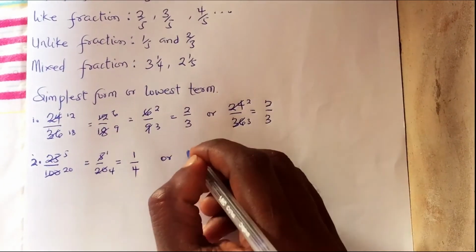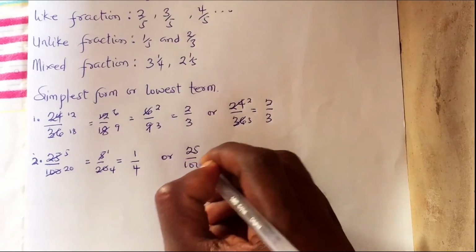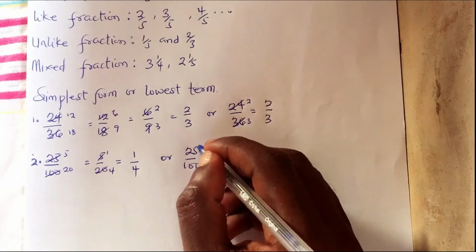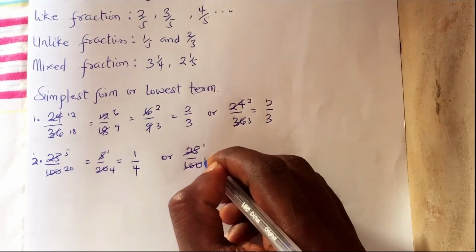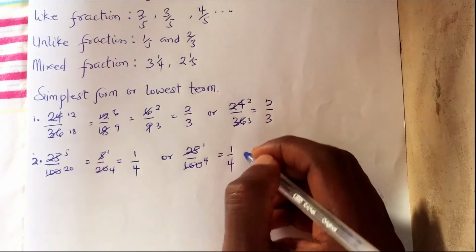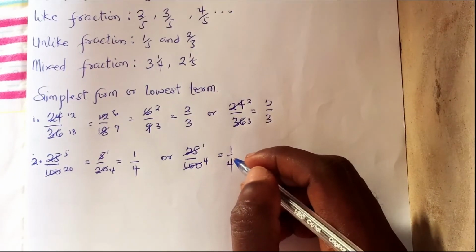Or using the highest common factor, we have 25 on 100. So we have 25 going into 25 1 and going into 100 4 times. That's 1 on 4. Proving that the highest common factor gives us the easiest way to divide it.